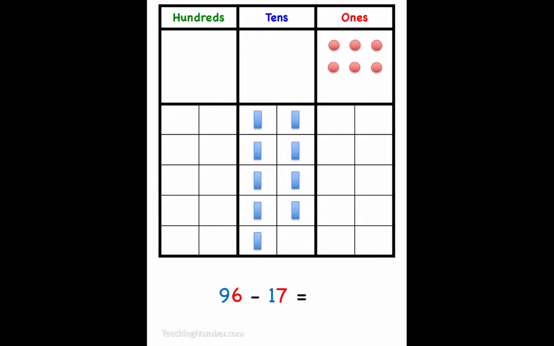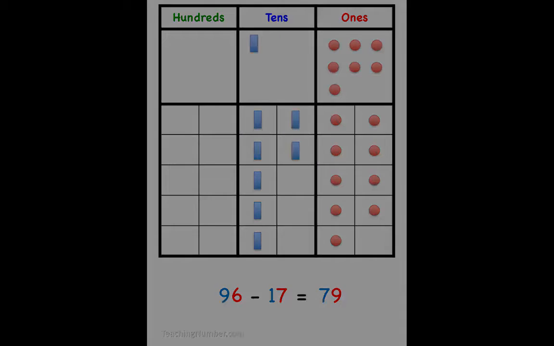To get that 1, we must ungroup a 10 to recreate 10 ones. When we take the 1 we need to make 7 with 6, we will be left with 9 ones. Now we must subtract the 10 that we need for the subtrahend from the remaining 8 tens in the minuend, and we can see that the difference between 96 and 17 is indeed 79.